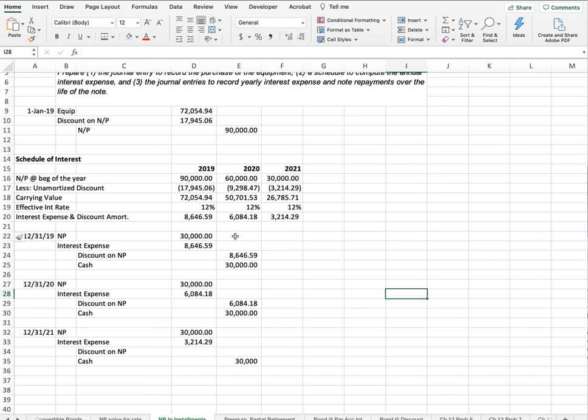So there we have our 3 payments, and now at this point, of course, our discount on notes payable account will be zeroed out, and our notes payable will also be zeroed out after this final payment on December 31st, 2021.